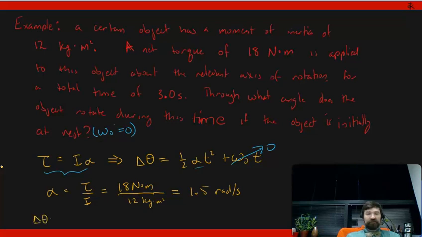Therefore, delta theta should look like 1/2 of 1.5 radians per second squared times 3 seconds squared. And that, if my mental math is correct, should be 6.75 radians. So that's a little bit over 1 revolution that will have been completed in this time of 3 seconds.